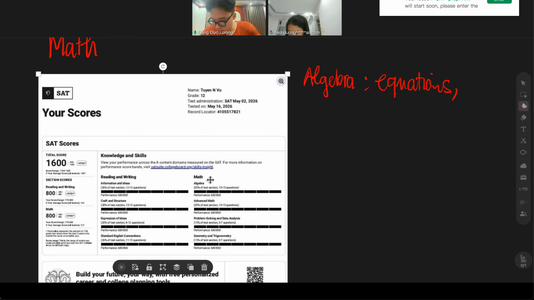Okay, so algebra accounts for 35%, equivalent to 13 to 15 questions. This domain focuses entirely on linear relationships and their representations as straight lines.